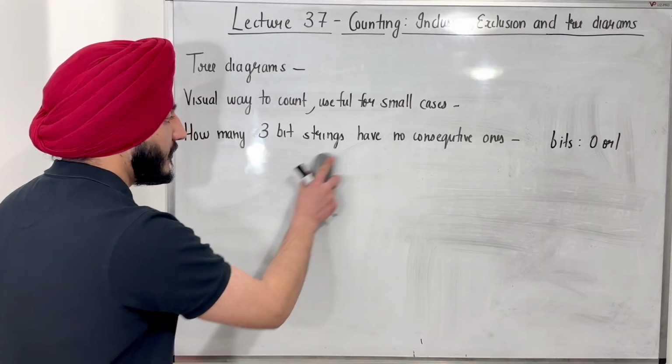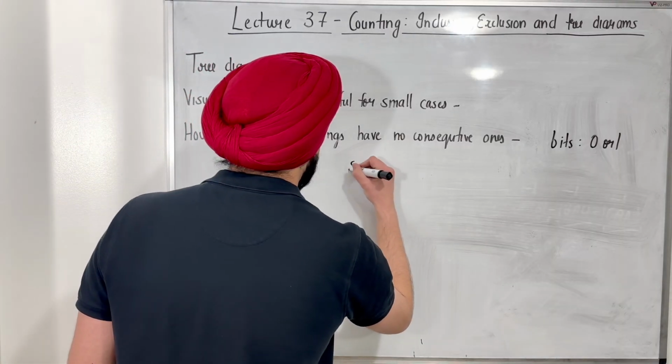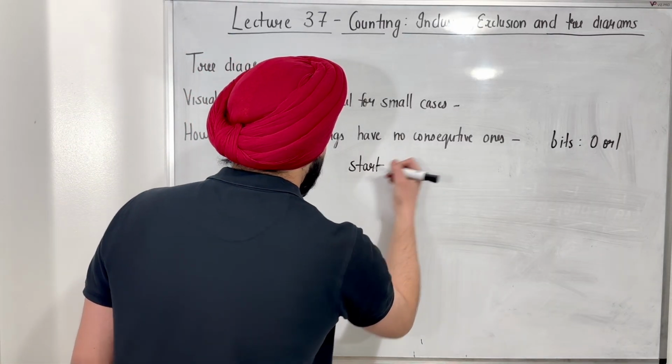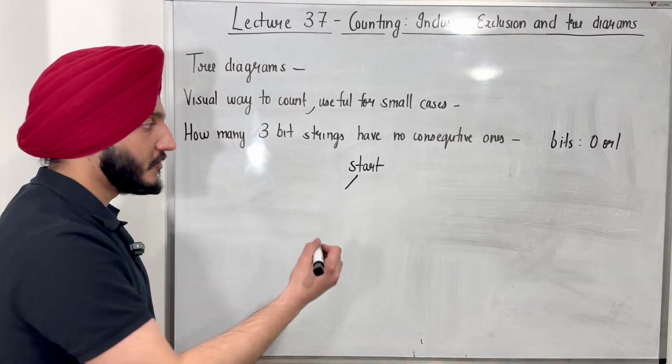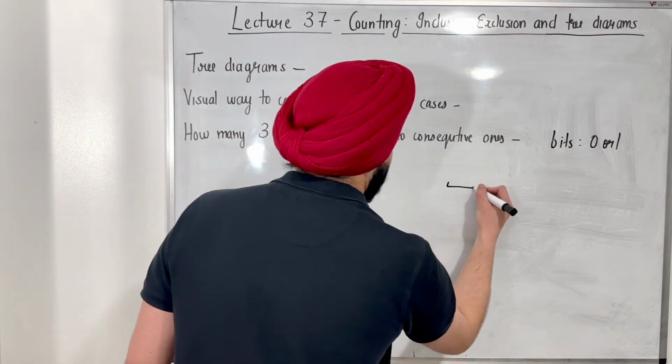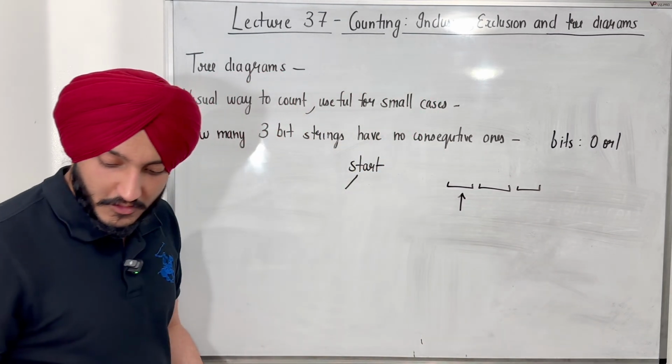Okay, so let's try to do it with a tree, right? First of all, I'm going to start the tree. In the beginning, for the first position, the first element in the sequence, we are over here for now.